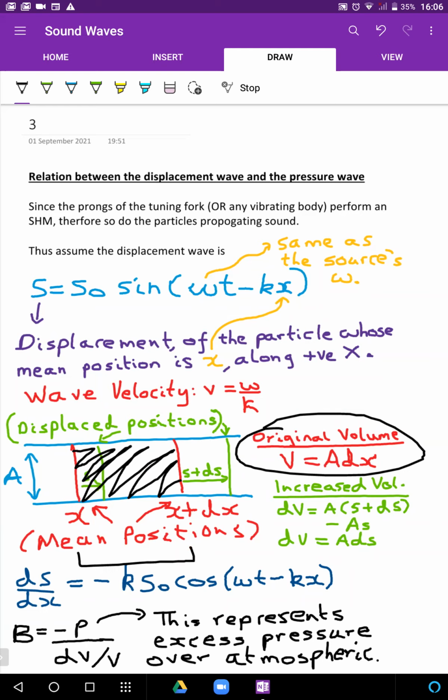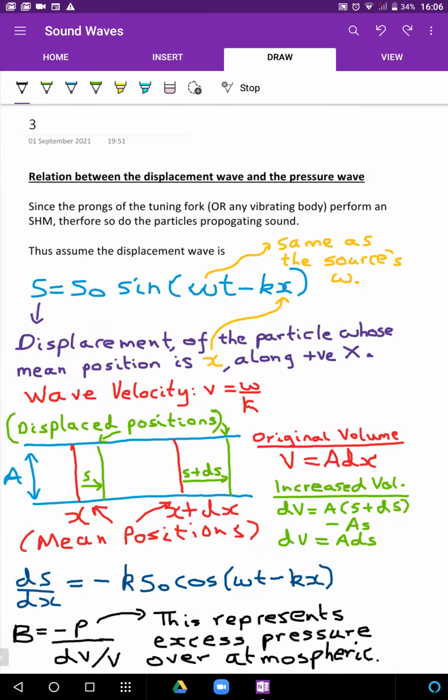So the original volume between the two particles was area into dx. Okay, the volume has changed. By how much did it change? What is dv in fact? By how much did the volume change?